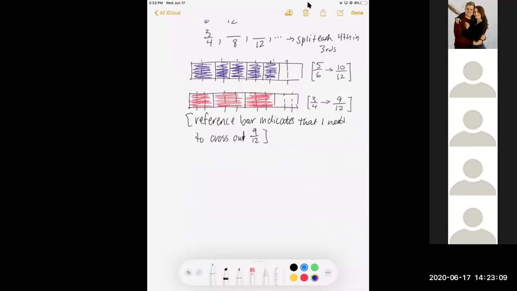So we have 1, 2, 3, 4, 5, 6, 7, 8, 9. Okay, so what I have left over now is just one of those 12ths. I divide my bar into 12, so I have halves. This will be 6ths. This will be 12ths. Okay, so I have just one of those left.